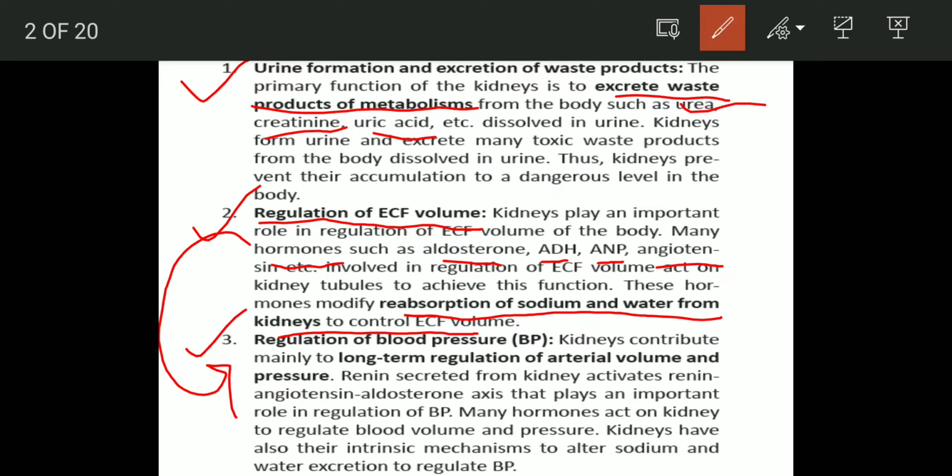So kidneys play a very important role in long-term regulation of arterial blood pressure. We'll be discussing how this plays a role. In this video we'll be discussing the renin-angiotensin-aldosterone system, known as your RAS. It plays a very important role in regulation of your long-term arterial blood pressure.